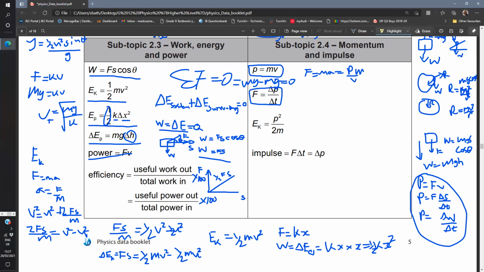We actually write acceleration, sorry, a is equal to delta v over delta t. So F is equal to m delta v over delta t, which is the change in momentum. Change of momentum is impulse, so that should be known. And then that is over time.